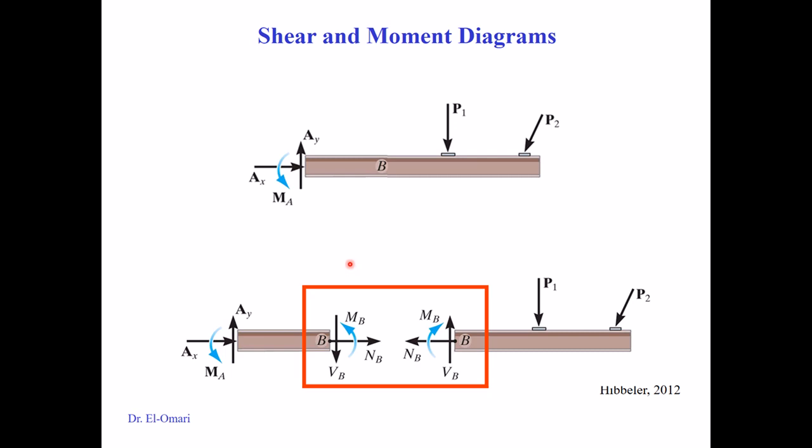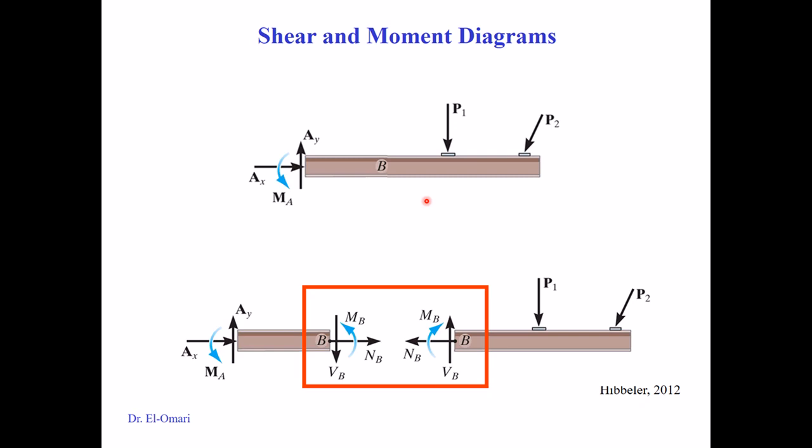The reason we need a diagram that shows the change in the shear and moment is that along the structure, the shear, moment, and normal change from one point to the other depending on the change in the load.